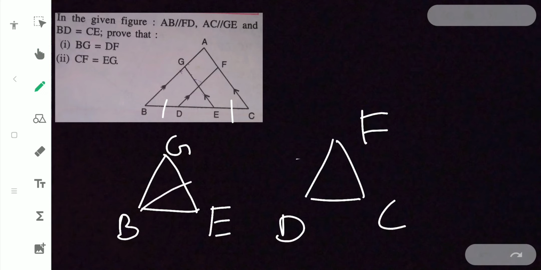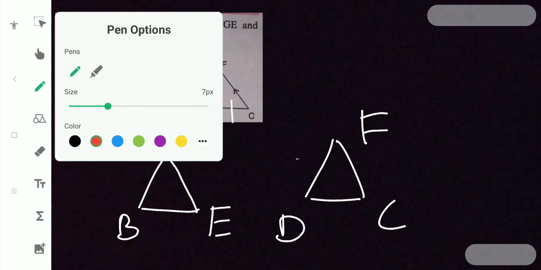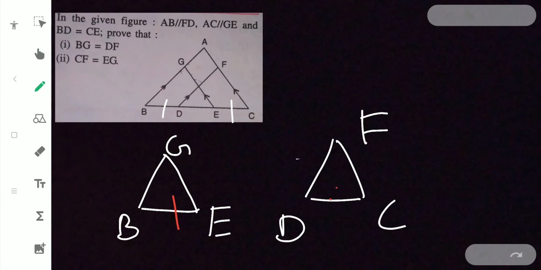So BD from here to here is equal to CE. If I prove BD is equal to CE, it will not fulfil the congruency because there are two different triangles. So I should prove that BE is equal to CD. Pause the video right here and think what could be the reason to solve it.